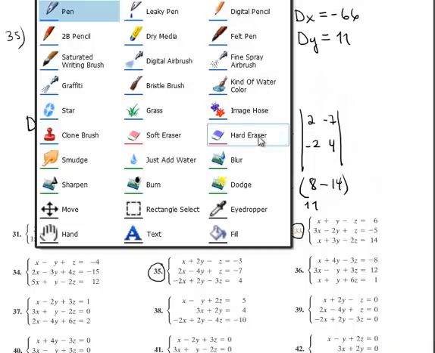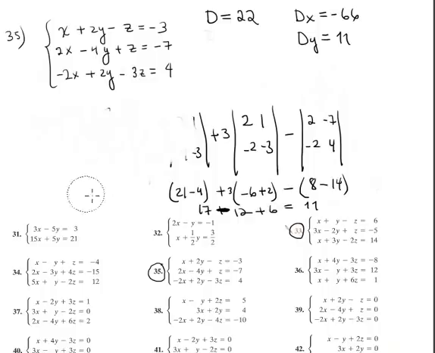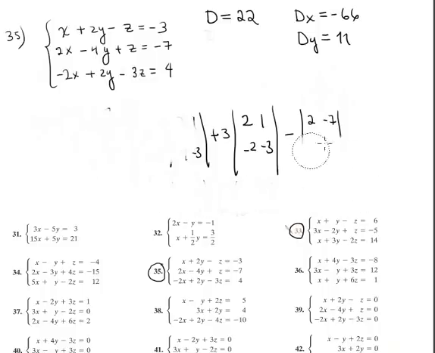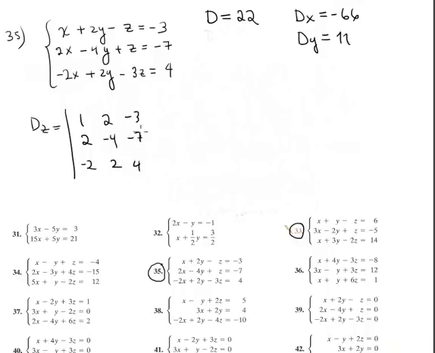Okay, let's see dz and directly apply Cramer's rule. Problem 35, we are doing 35. Okay, dz: replace the third column, so the first columns stay the same: 1, 2, and minus 2, 2, negative 4, and positive 2, and replace the third column by negative 3, negative 7, and 4.